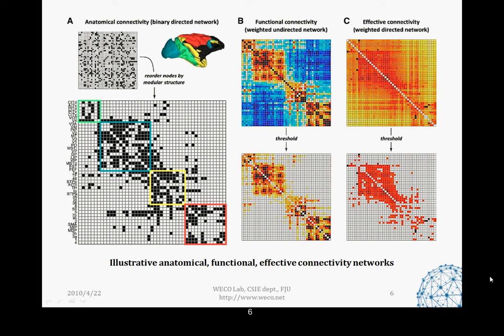We cannot see any information from it, but if we reorder the different regions, we can see that they may form clusters in the matrix. Different clusters may represent different functions. Also there are functional connectivity and effective connectivity.